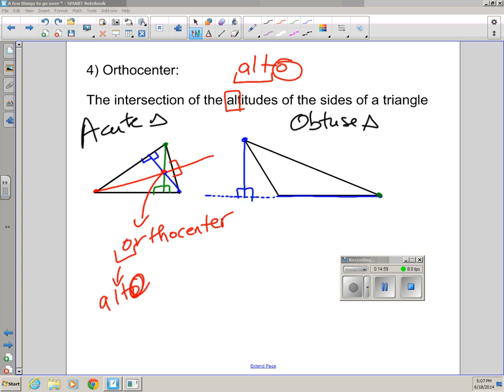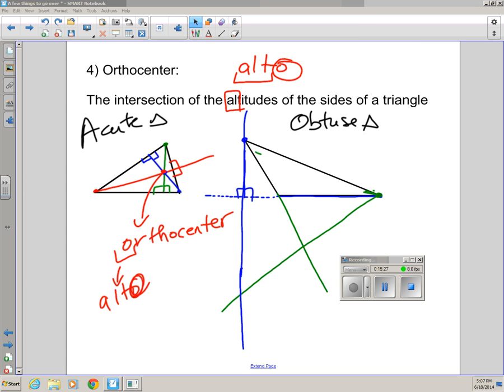I may have to do that on some of the other segments, or I may not have to. For example, here, if I try drawing anything across this way, I'm never going to hit perpendicularity. And as you see, I have to actually extend the other altitude to get an intersection point.